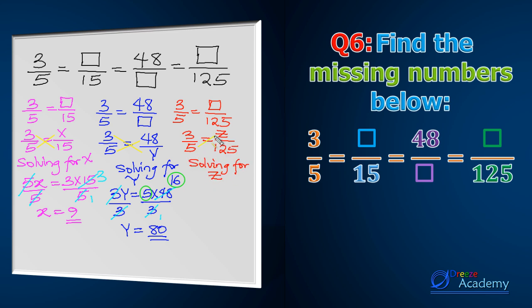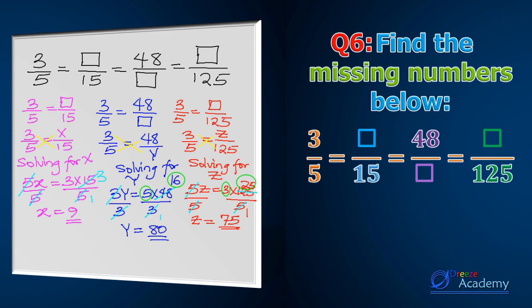Therefore, cross-multiplying, just like we have done all the time, we will have 5 times z, which is equal to 3 times 125. Dividing both numbers by 5, we will have 5 into 5, which is 1, while 5 into 125 is 25. Hence, the value of the missing number z is 3 times 25, which is equal to 75.